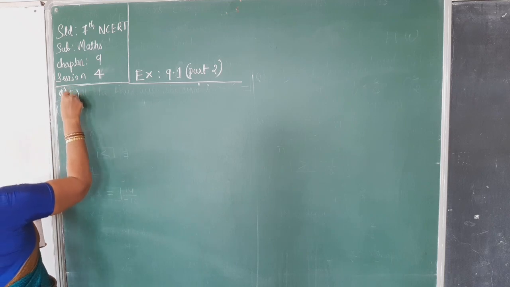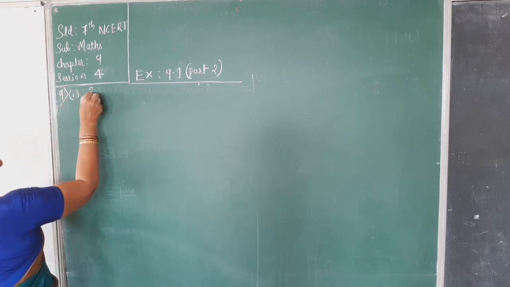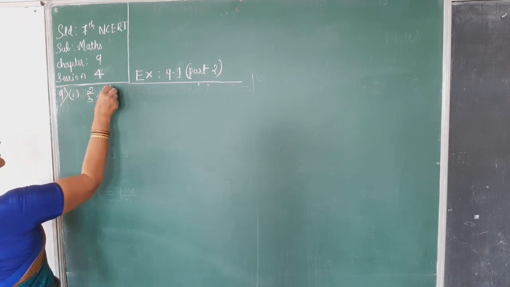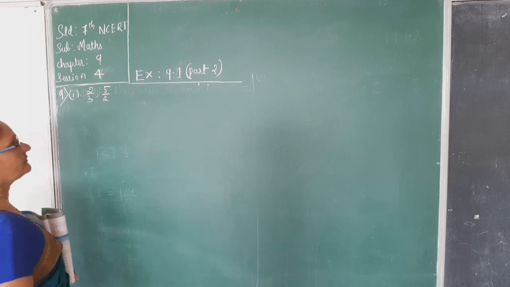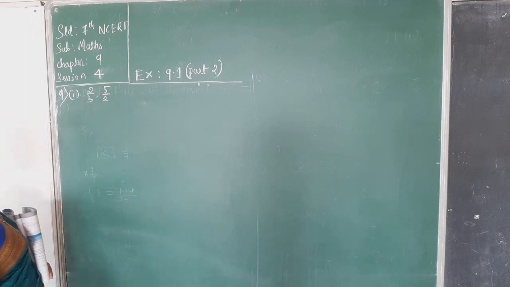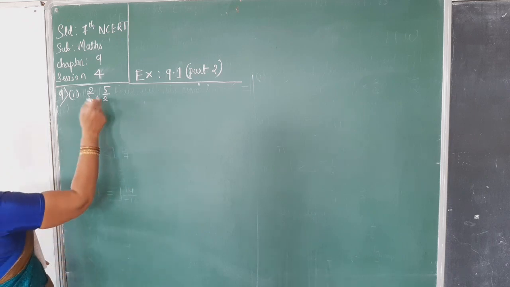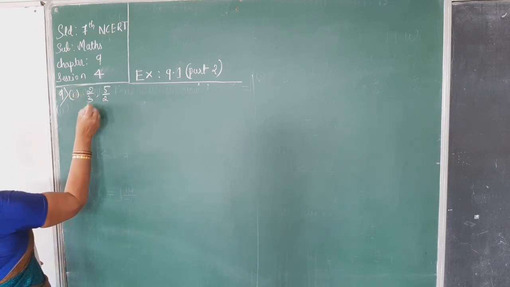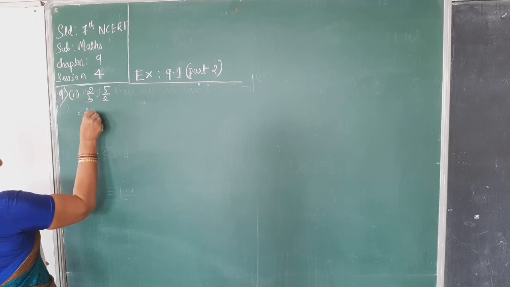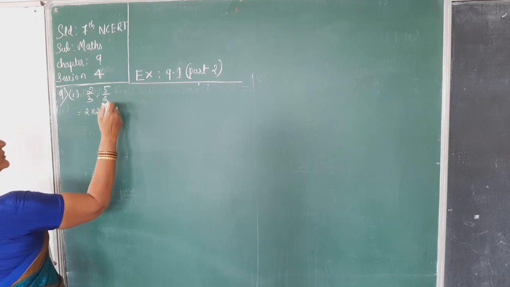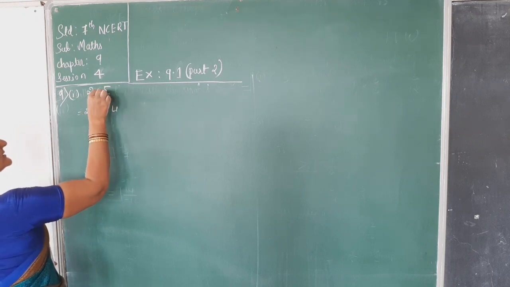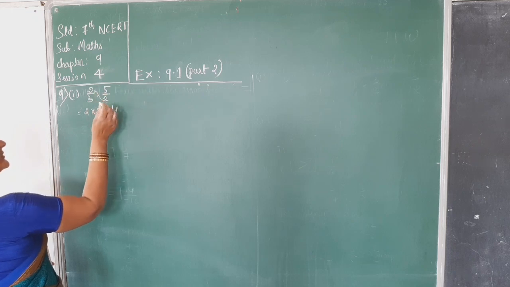First one, 2 by 3, 5 by 2. Better we do cross multiplication, or with equalizing the denominators also we can write. Now 2 2s are here, 2 into 2 is 4, cross multiplication like this, and 3 5s are 15.